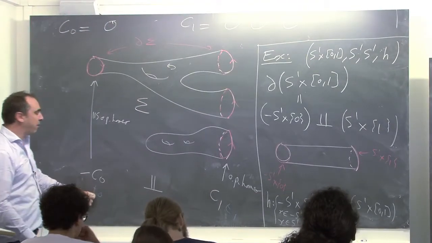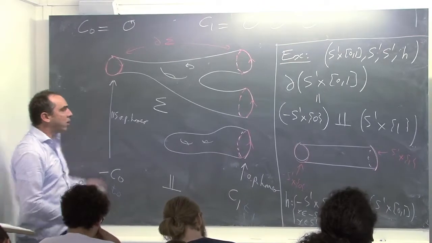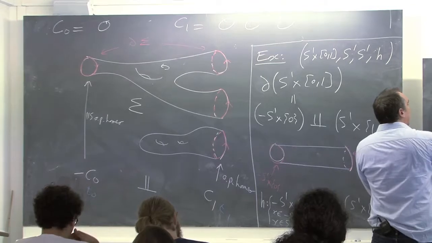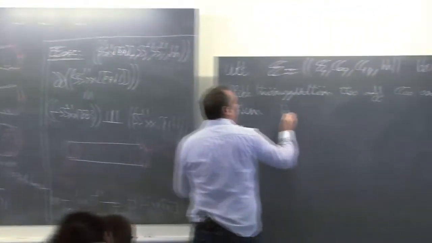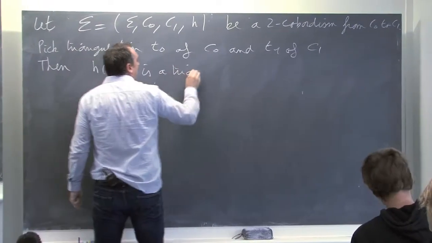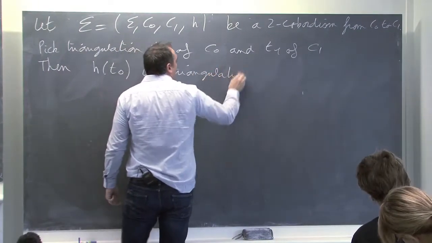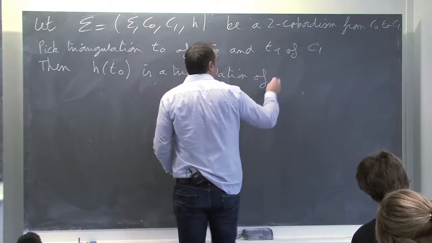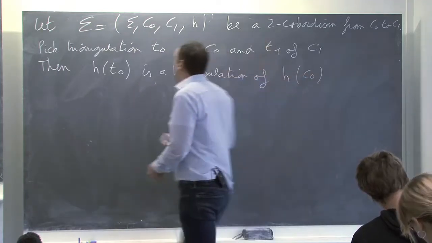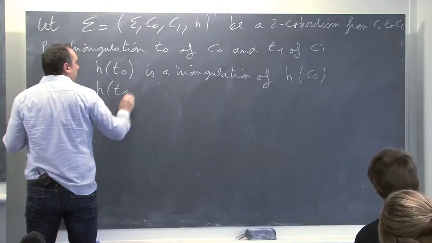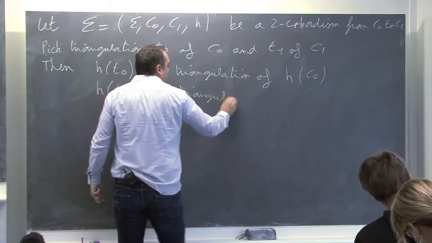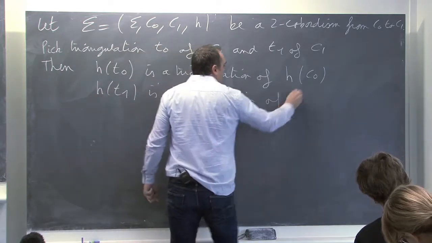If I transport it using H, then H of T0 is a triangulation of H of C0, and H of T1 is a triangulation of H of C1.